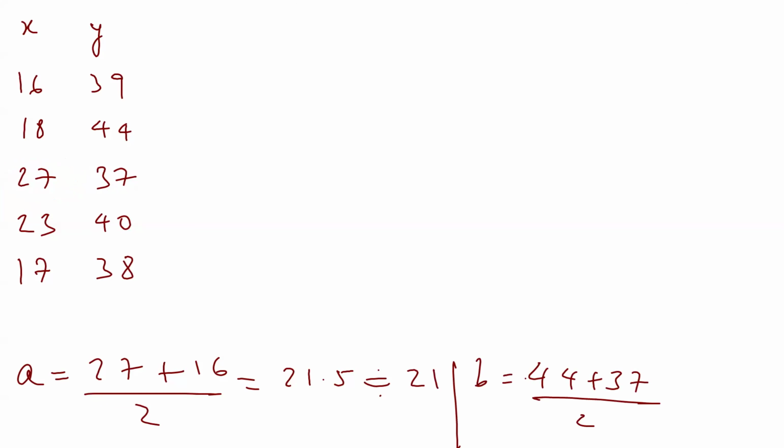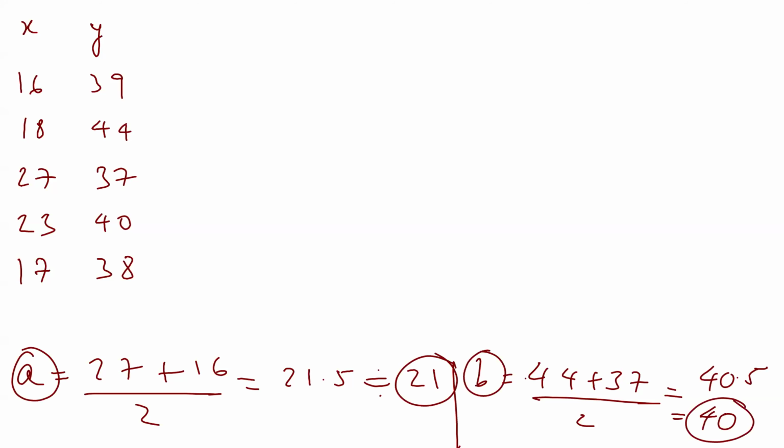So take the average of the bigger value and the smaller value. 44 plus 37 gives you 81 divided by 2. That is 40.5, which can be taken as 40 or 41, not a problem. So a and b values we have in front of us.